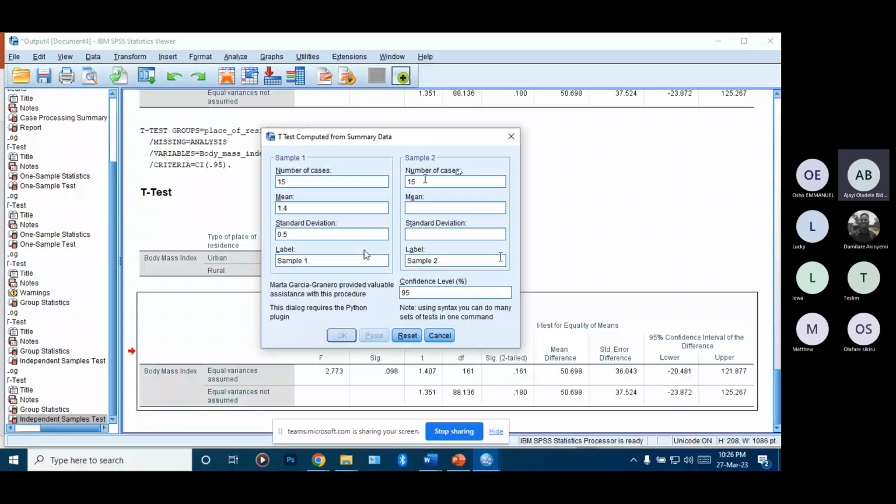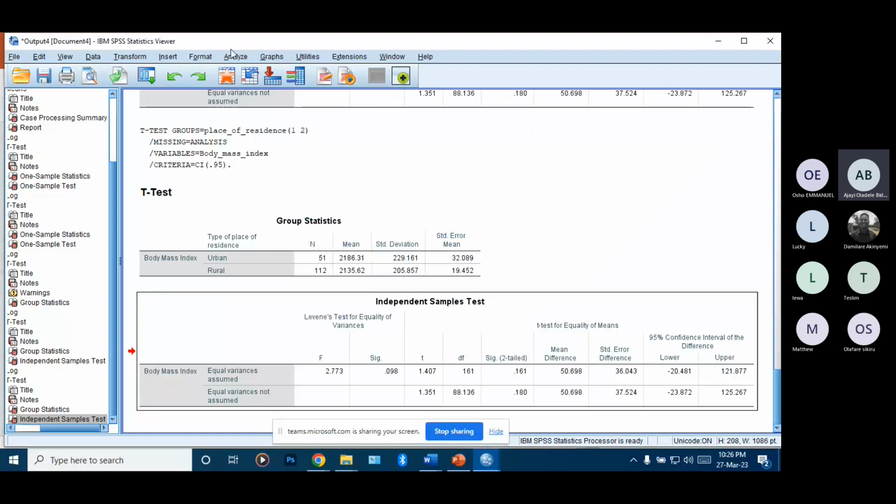Their mean is 2.3. Their standard deviation is 0.9. Now if you run this particular analysis, it will be able to give us the independent sample t-test. Unlike giving the software raw data, you have now given the software summary data. That is just it. So we are not going to be running that. I'm not going to do that to save our time.